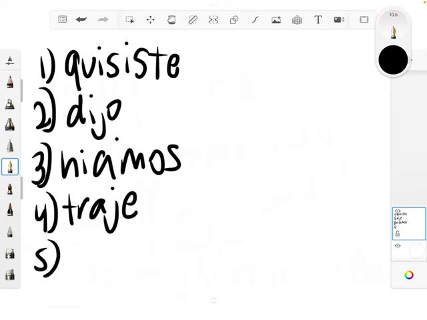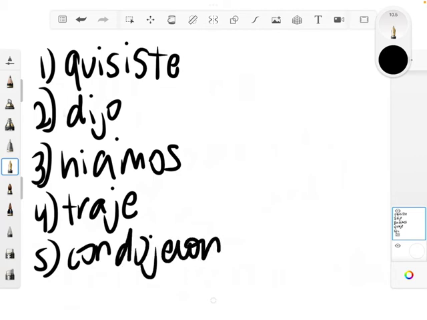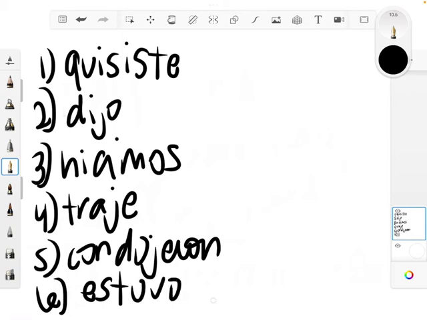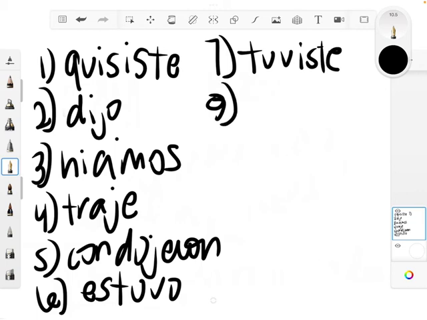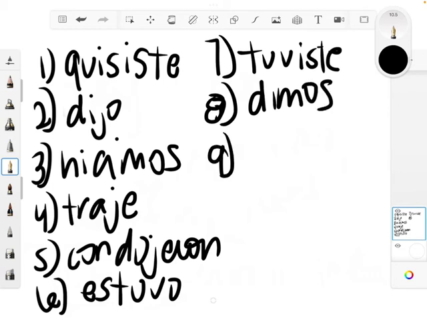Número 5, ellas condujeron. 6, ella estuvo. 7, tú tuviste. 8, ella y yo dimos. 9, yo traduje.